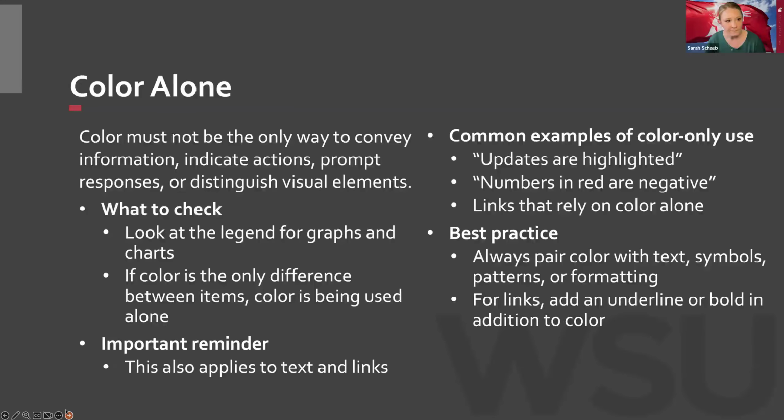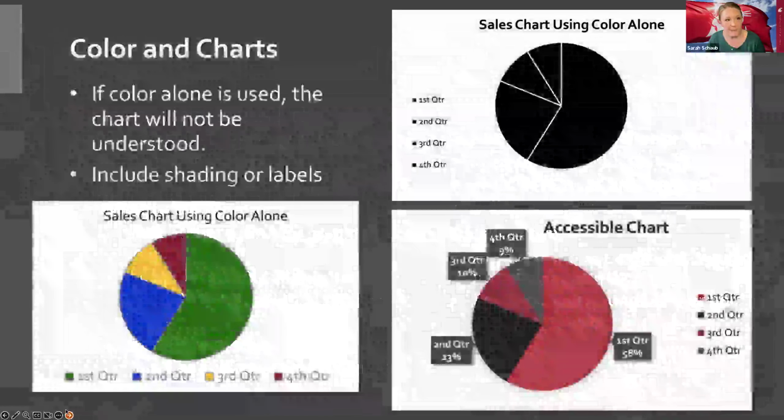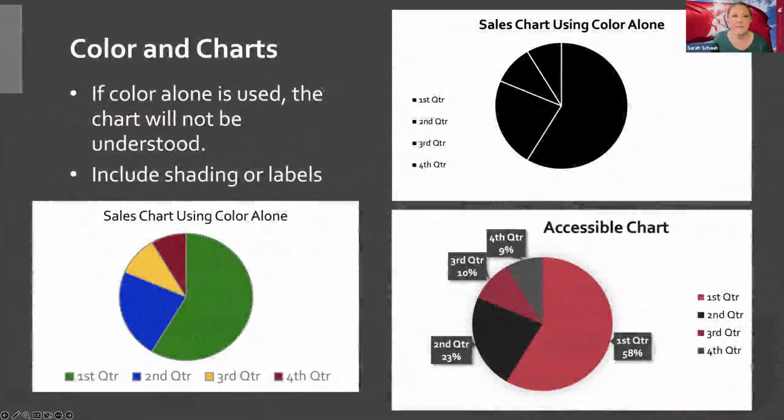A slide titled Color and Charts displays 3 pie charts, one in black and white, one using only color, and an accessible version with labels and percentages directly on each slice. So on this slide, I've got some examples. Color and charts.